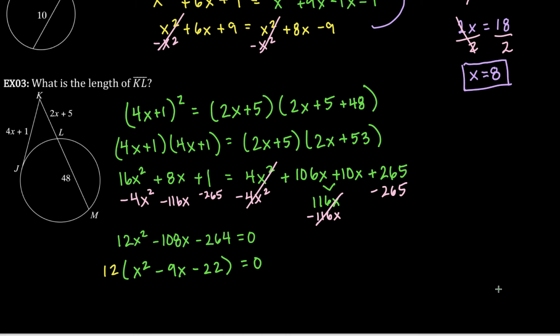The shortcut, remember, is that if this is a 1 right here, then I can use the shortcut of factors of this to add to this. There's only 1 and 22 or 2 and 11. But if I use 2 and 11, I need to get negative 9, so negative 11.